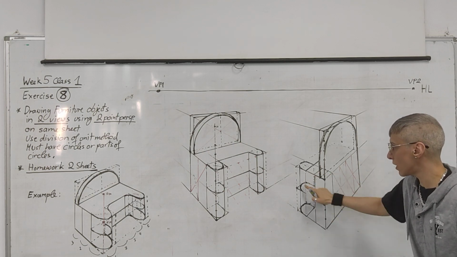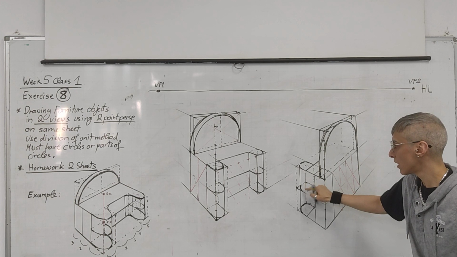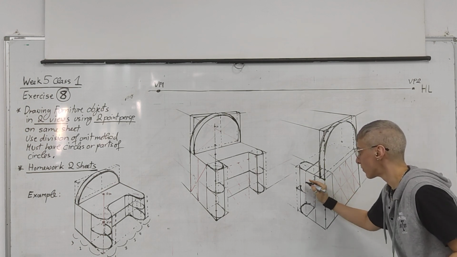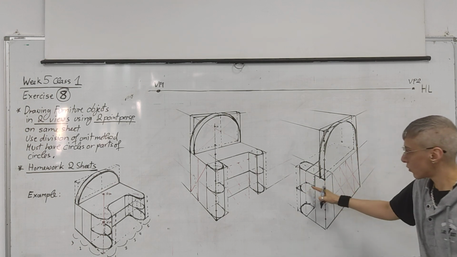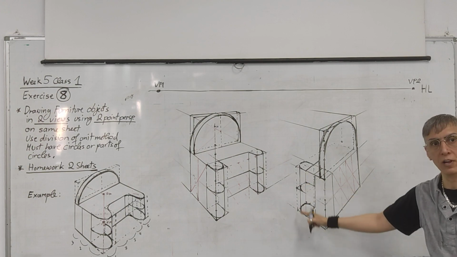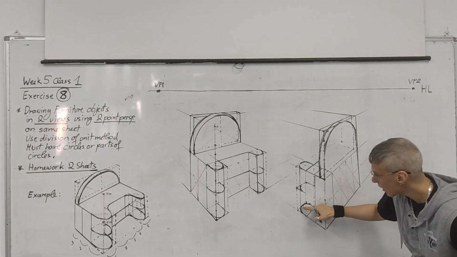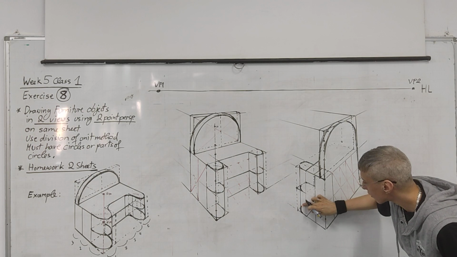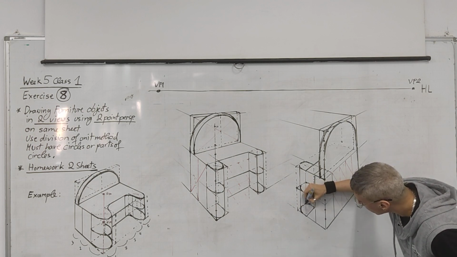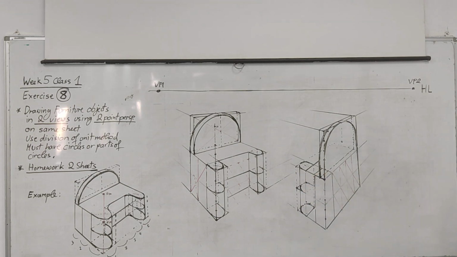Even part of this is hidden. You see here, until where it's hidden. So this part is hidden until this line. Everything behind it is hidden. So you need to go back and do it with dotted lines if you draw. Okay?